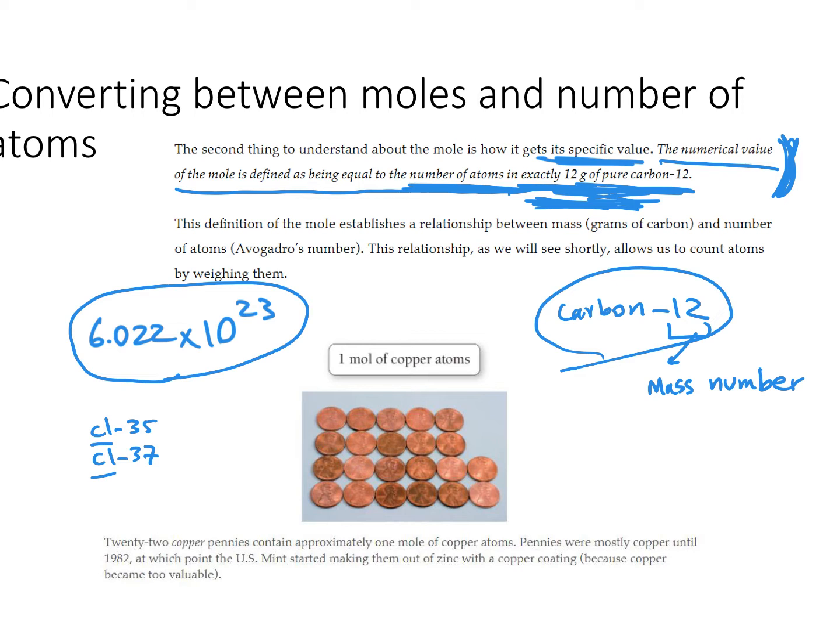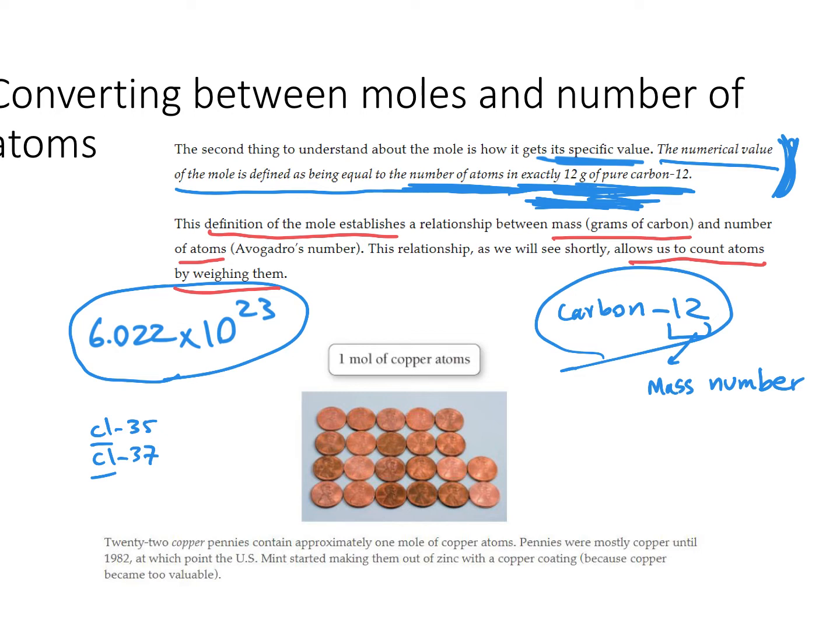Okay. So now, based on this definition, we established a relationship between mass and number of atoms. And this relationship allows us to count atoms by weighing them. And here, we have some expressions like molecular weight and molecular mass, and we use them interchangeably.